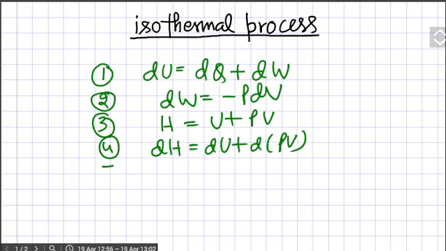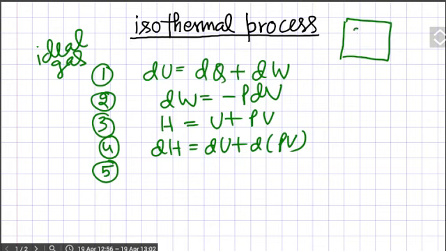And number 5 is this, and all these formulas we are now discussing for ideal gas. What is an ideal gas? In an ideal gas, molecules are very far away from each other, and they don't have any effect on each other.